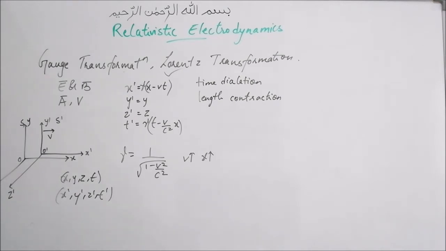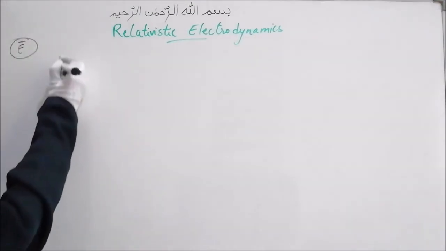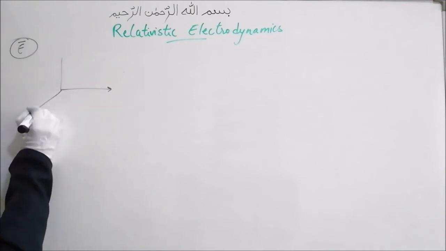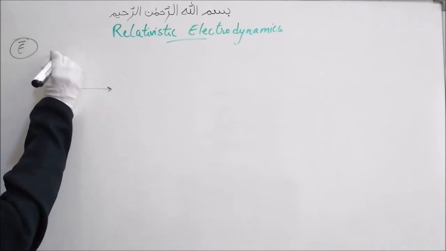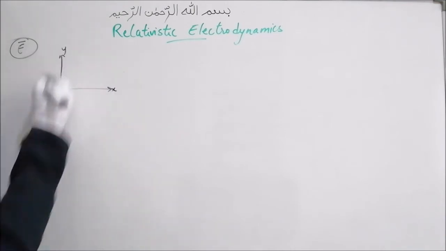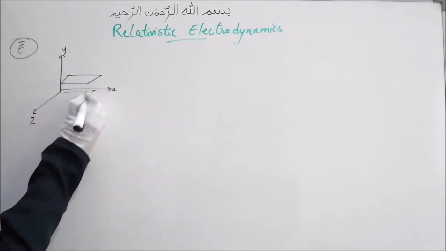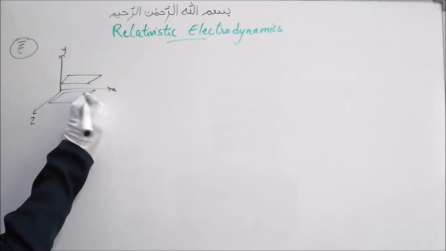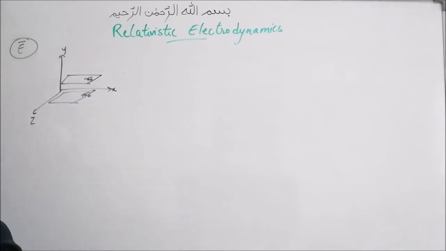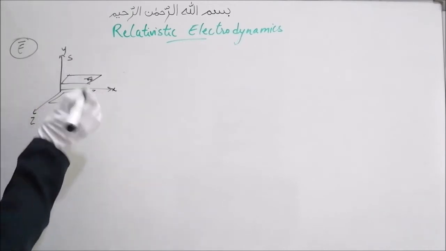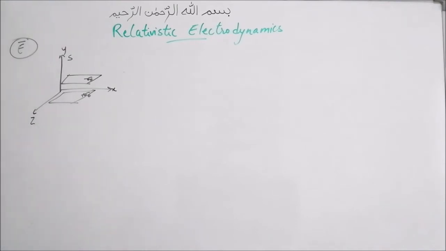Now let's look at how the electric fields and the magnetic fields will transform. Consider two parallel plates of a capacitor, placed like this. This is plus sigma naught, this is minus sigma naught. Let this frame be S, the static frame which is not moving.